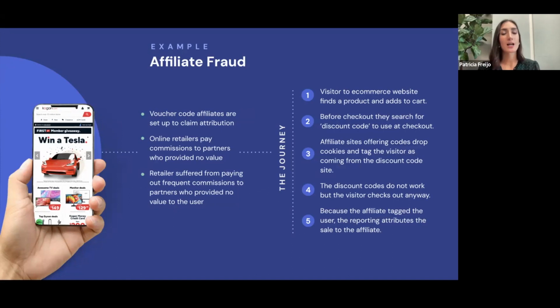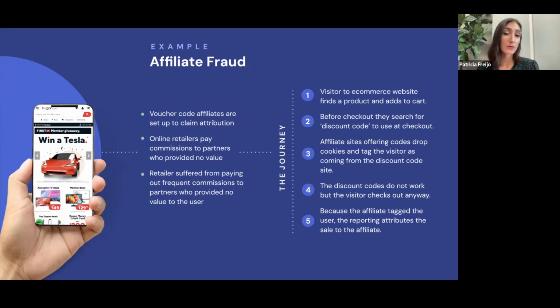So you go online and you search for promo codes for that brand, and the top results are going to be some of these affiliate sites saying that they have promo codes for that brand. So you go into one of those, you try the codes that they offer you, they don't actually work, and you're like, whatever, I'm just going to check out anyways.